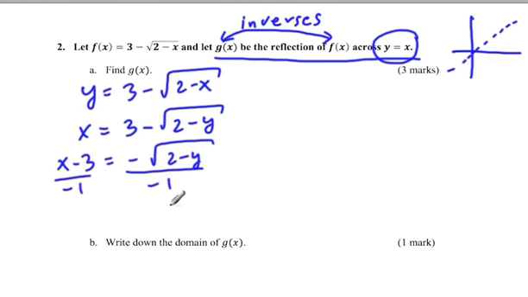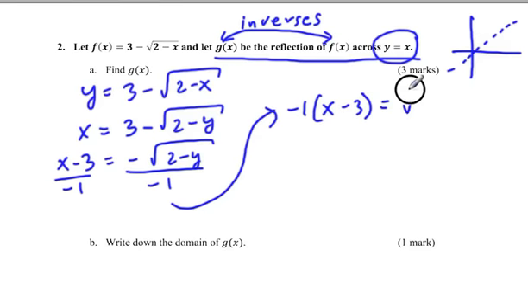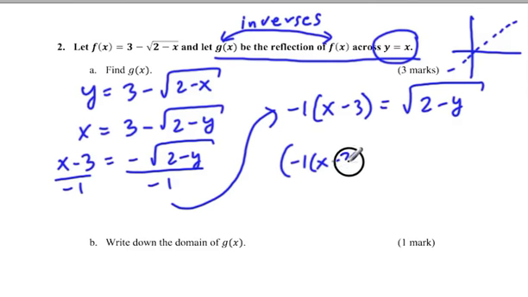So this becomes negative 1 times (x minus 3) is equal to the square root of 2 minus y. Now if I want to get rid of that, I have to square both sides. So negative 1 times (x minus 3), squared, is equal to 2 minus y.